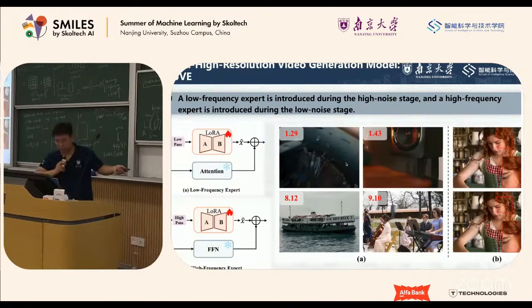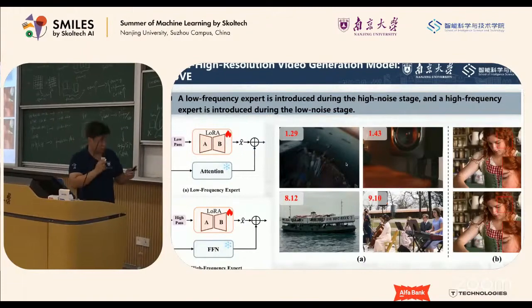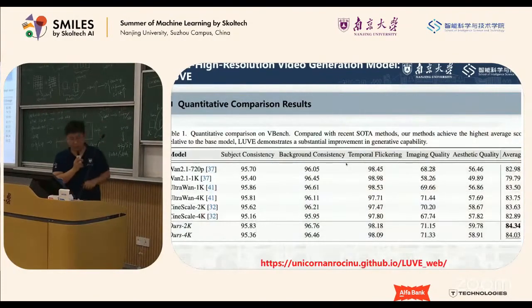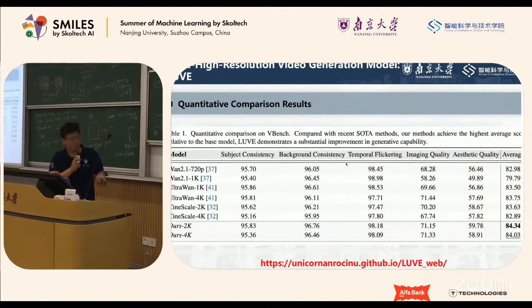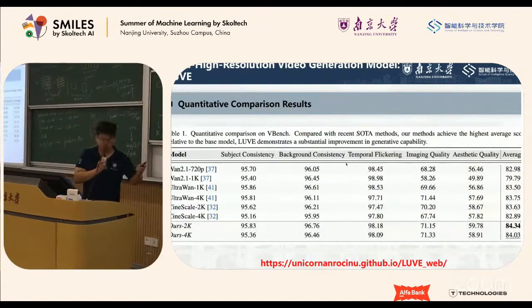So the low frequency expert focuses on the global semantics and the structure. And the high frequency expert refines textures and edges and the local details. So here are the results of Louver. So because of the time, we skip this part.